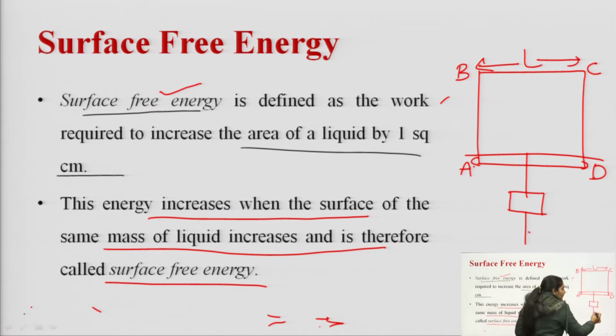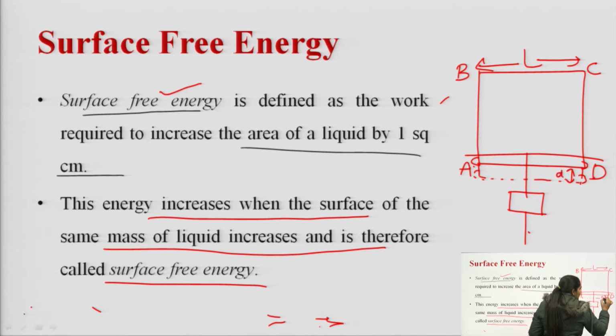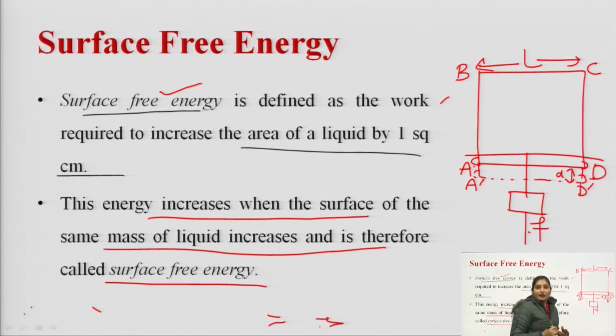And when we apply certain force or work on this arm AD, there will be an increase in distance, and this is represented by D. The force acting on this arm is represented by F. When we apply work or force on this arm AD, the arm will be pulled in and there will be an increase in surface area, and the arm moves from AD to A dash D dash.